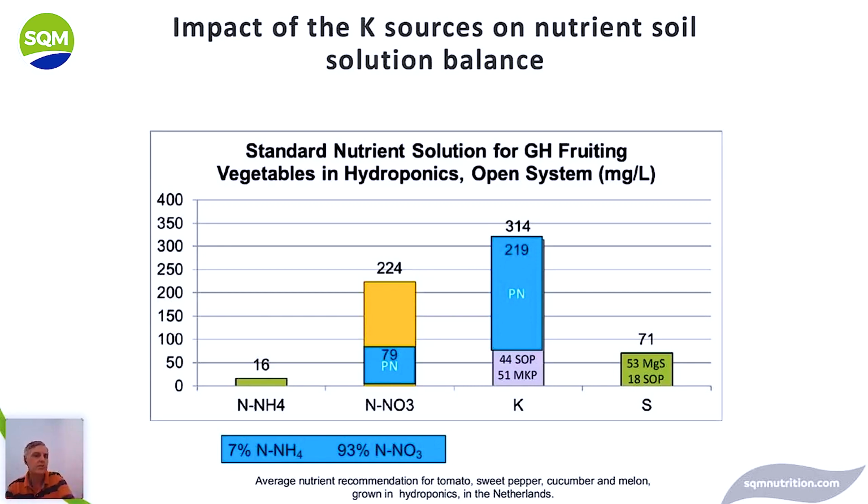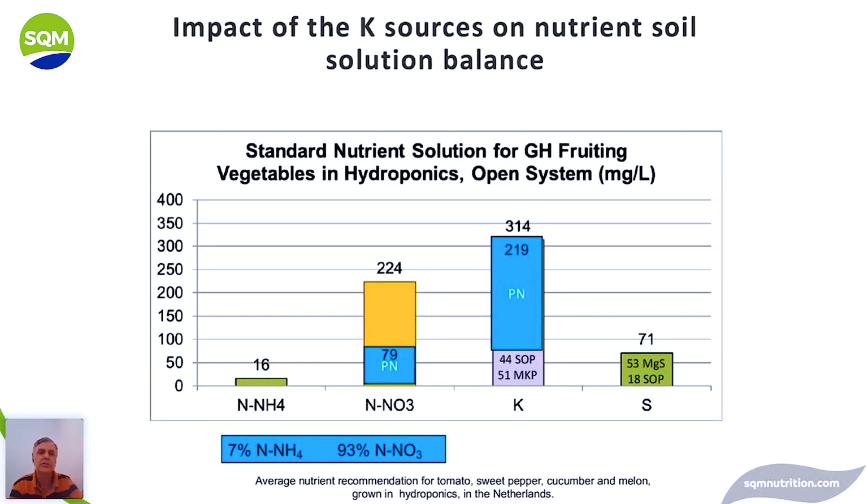With this, we reach sulfur, and then we can move to potassium. When we supply that 18 milligrams per liter of sulfur using sulfate of potash, we are supplying 44 milligrams per liter of potassium. And they use MKP, monopotassium phosphate, as the phosphorus source in the nutrient solution, supplying the amount of phosphorus that they need.